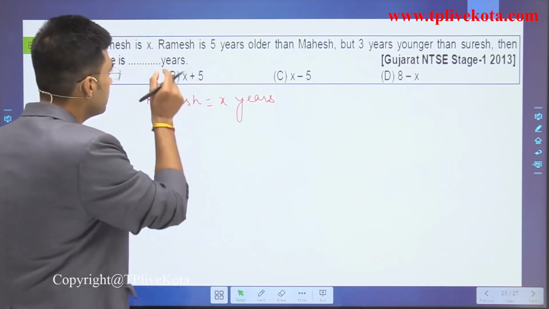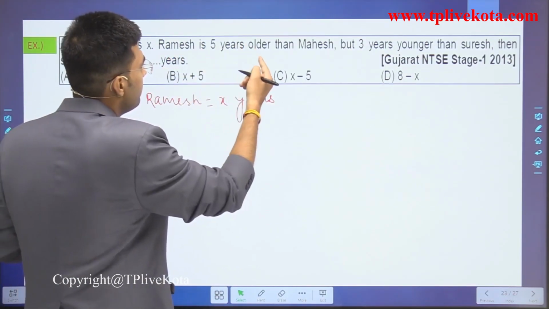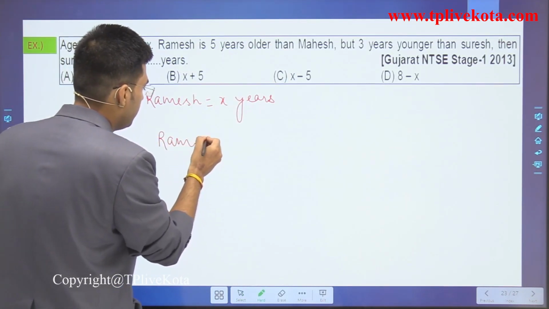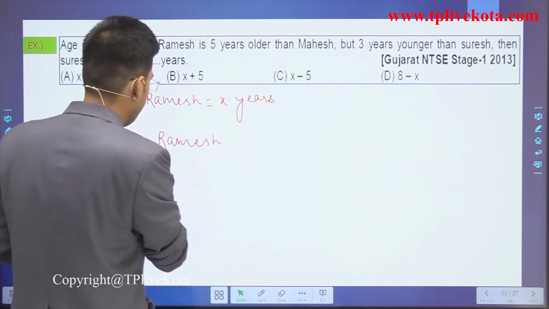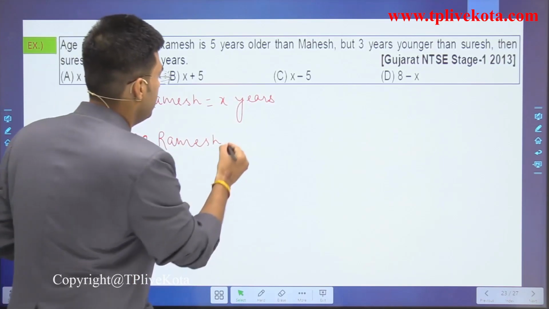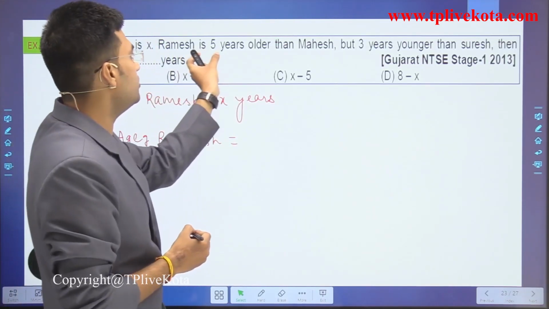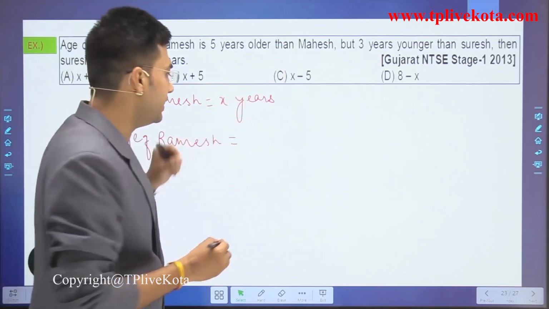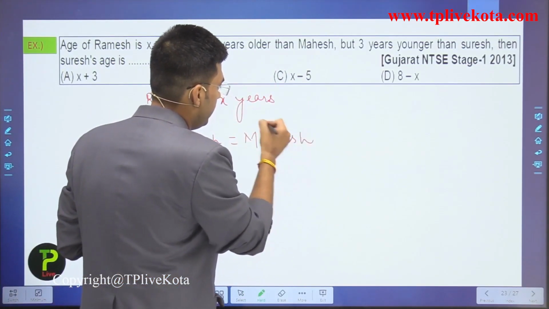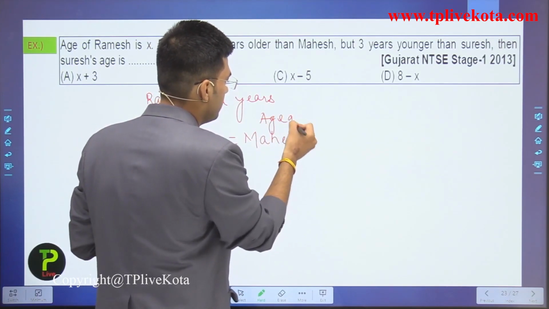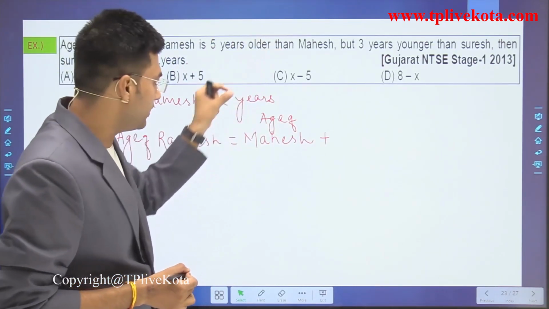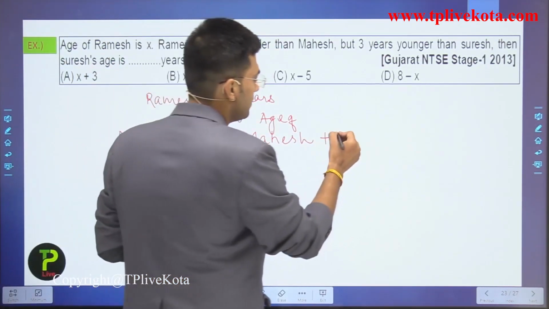So first of all, let's note this down. Ramesh is 5 years older than Mahesh. So we can say that the age of Ramesh is equal to the age of Mahesh plus 5.